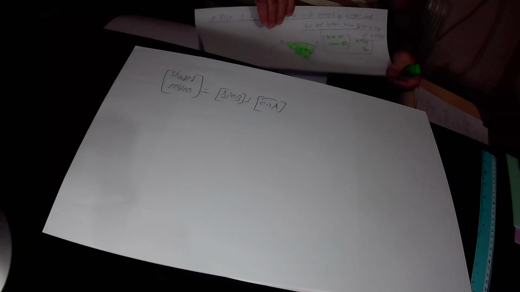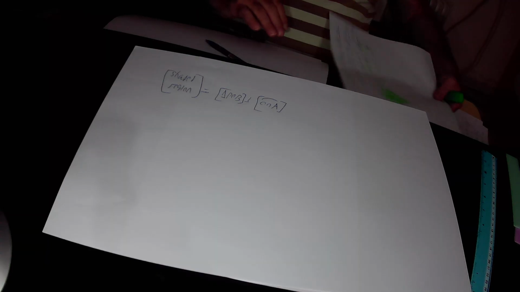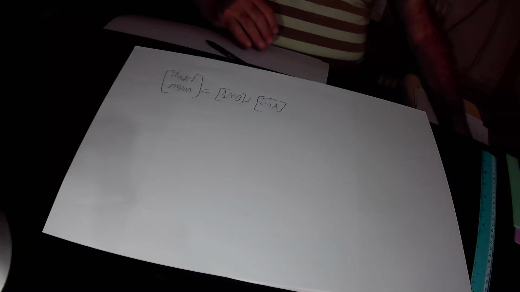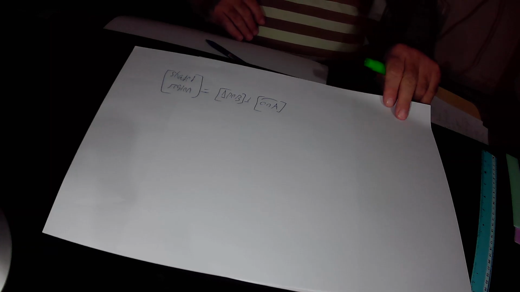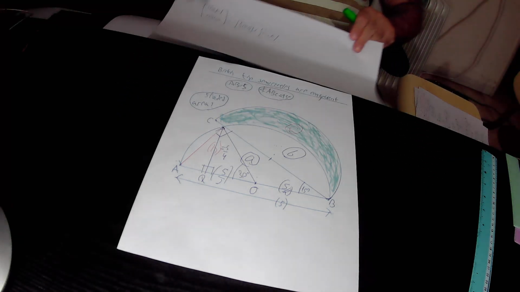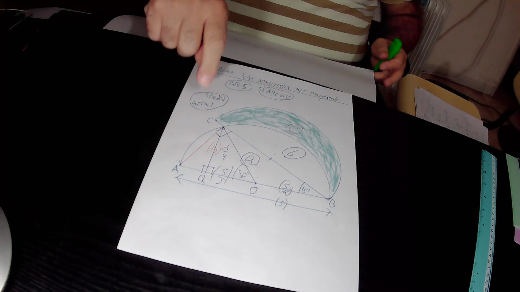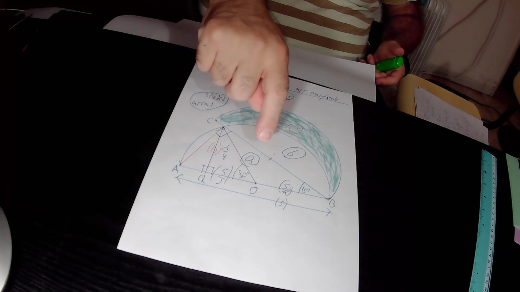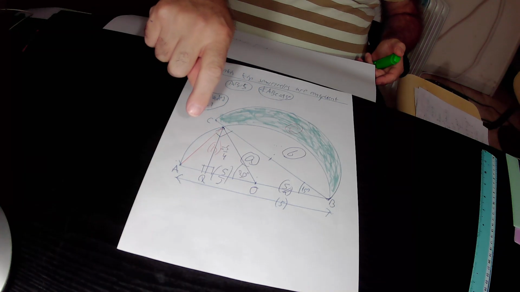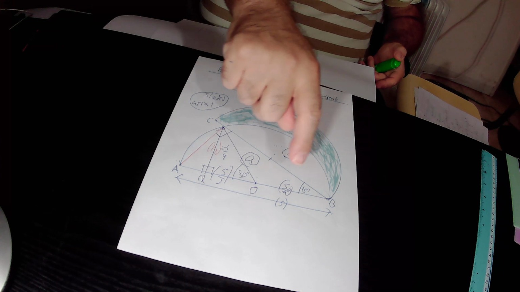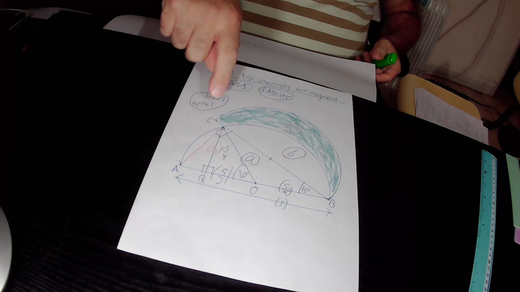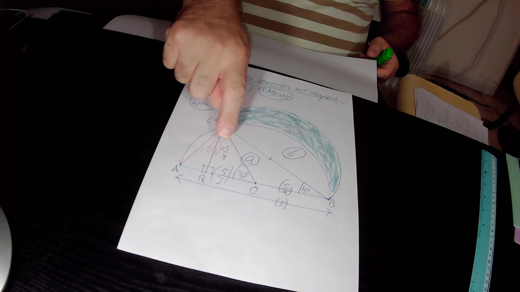So, what is the area of sector COA? The area of sector COA equals pi r squared, where r is the radius of the circle that contains the sector. This is actually 5/2.